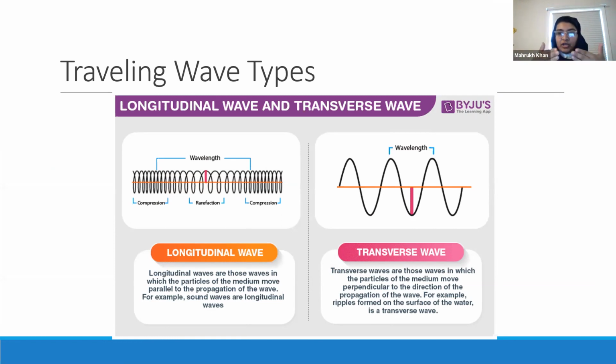Sound waves are longitudinal waves, but in the transverse waves, the particle moves in the perpendicular direction of the direction of motion. Okay, so that's the transverse waves. We may not use the longitudinal waves much, but it's just for our understanding of what the longitudinal waves are.